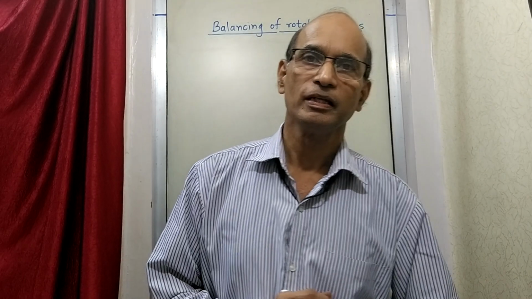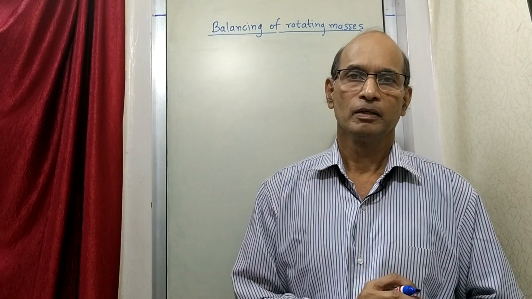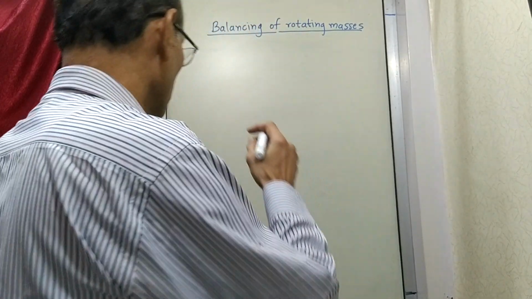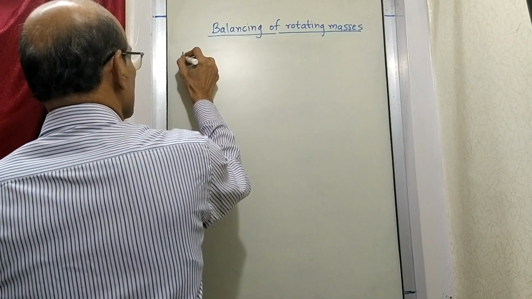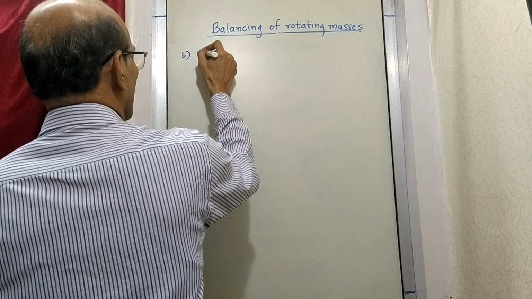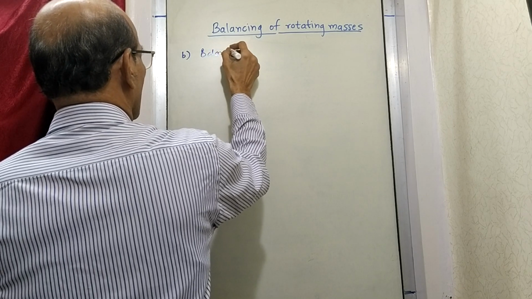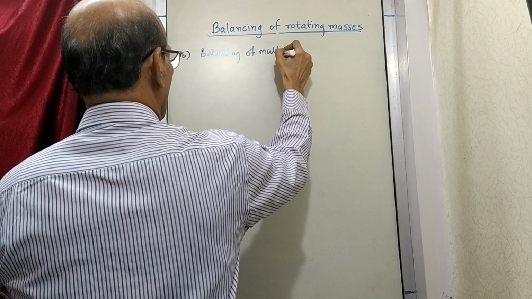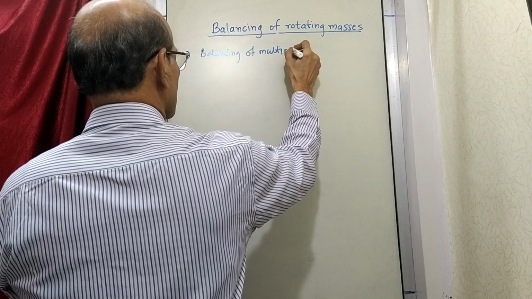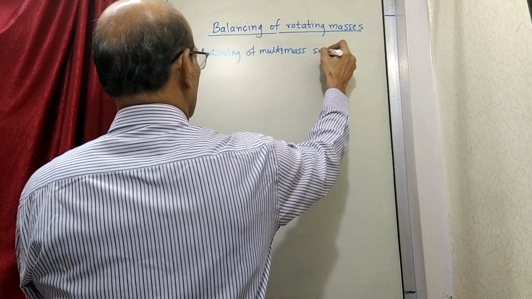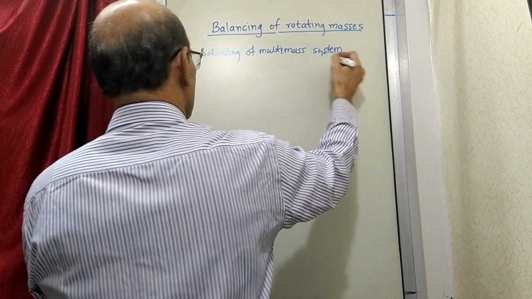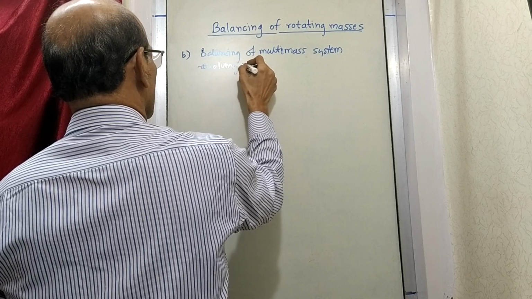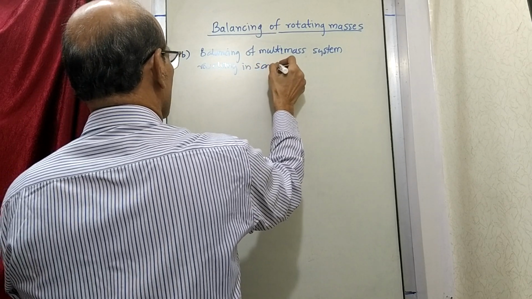Okay, so we have seen how to balance a single mass system. Now let's see how to balance a multi-mass system. So balancing of multi-mass system, this is the second type: multi-mass system revolving in the same plane.